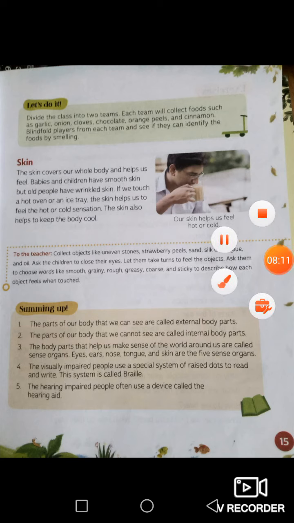So let's try to remember what we have learned. The parts of the body that we can see are called external body parts. The parts of the body that we cannot see are internal body parts. The body parts that help us make sense of the world around us are called sense organs, right? What are your sense organs?